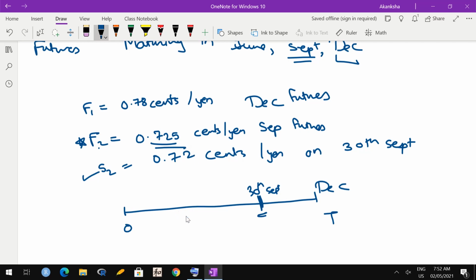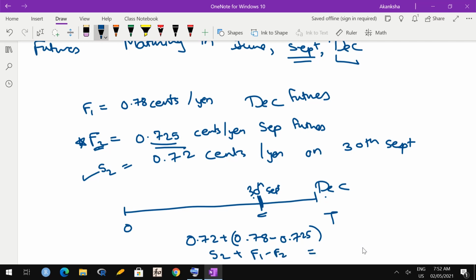So they sell in the market, meaning they receive 0.72 cents per yen on 30th September. In December they will have to sell the yens at 0.78, so they'll be receiving 0.78, but they enter into a long position here, so they'll have to buy yens at 0.725. This is exactly what we derived earlier, S2 plus F1 minus F2.